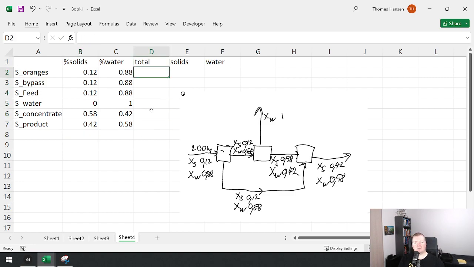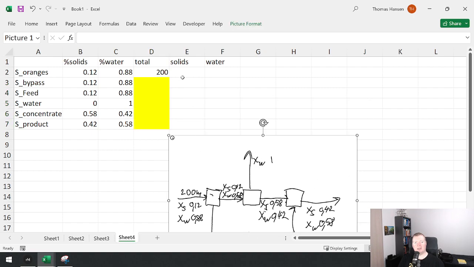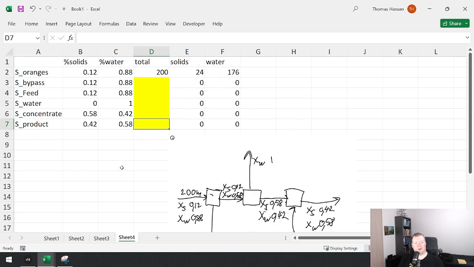The totals, the only thing I know is I want to send in 200 kilograms. The rest of them, no idea what they're going to be. And if I want to calculate the amounts that I have, take the total mass, multiply by the percentage, fill right and down, and then I can count 1, 2, 3, 4, 5 unknowns.